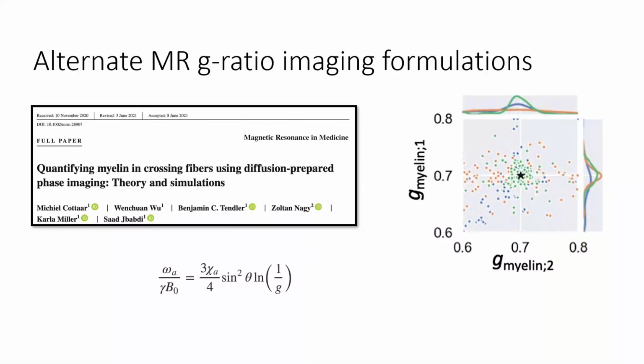Taking this a step further, excuse me for a moment. Mikhail Kartar has done a similar approach with the hollow cylinder model, and I'll come back to this in a little bit.